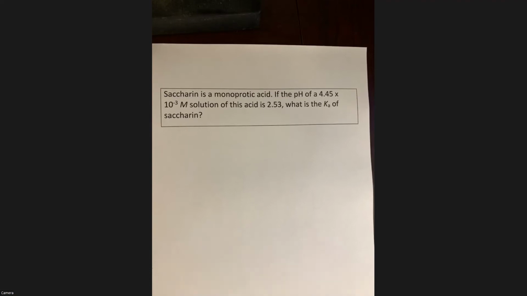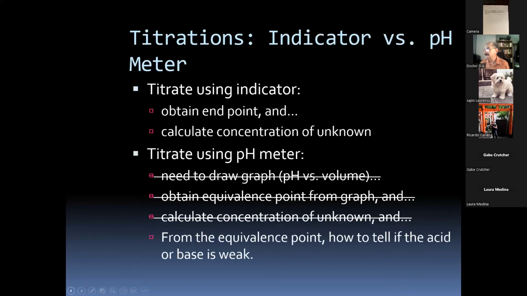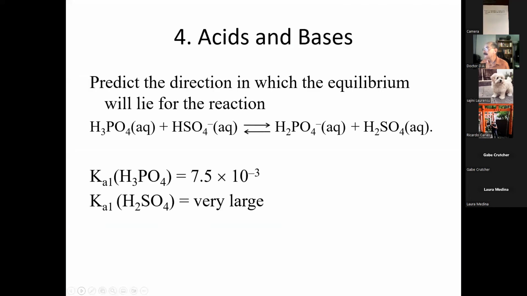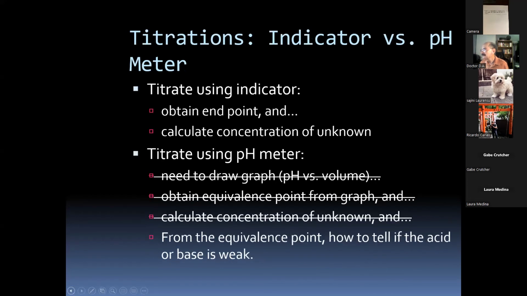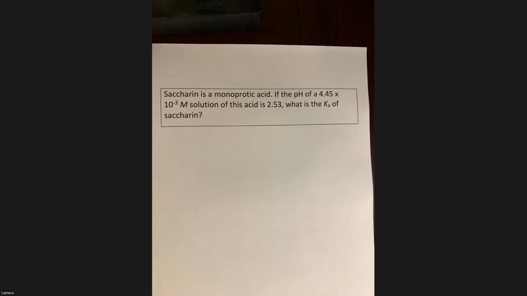There you go. So this goes back to our presentation here, to our PowerPoint. I used to have a slide here showing some of the methods for finding the value of Ka.